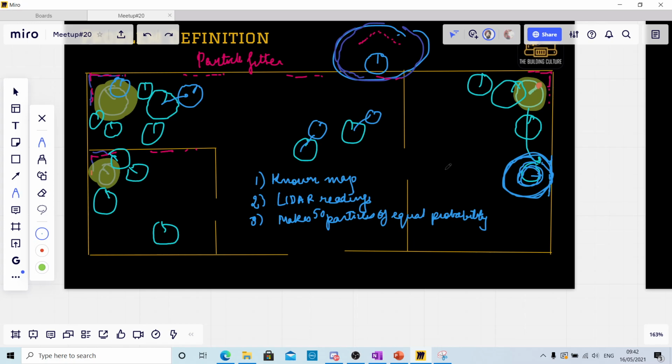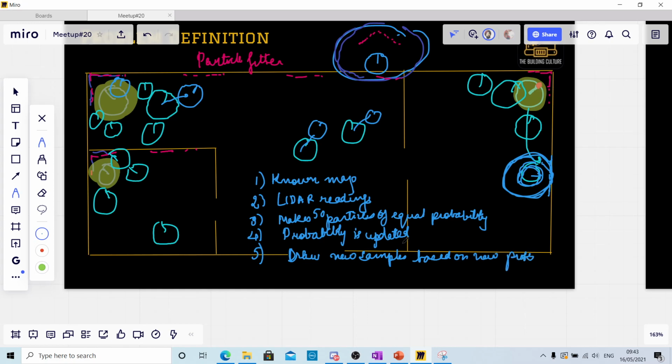So initially it could be in any of those positions, and then after that, based on the lidar readings, the probability, or weights as we also define it, is updated. So initially we updated these probability values, and then we draw new samples based on the new probability distribution.